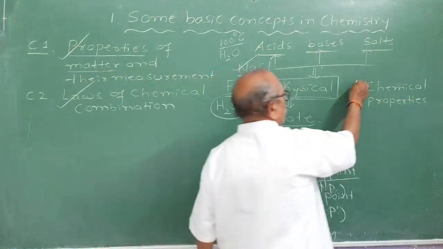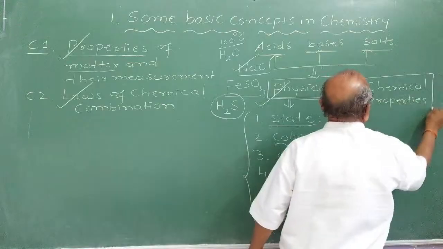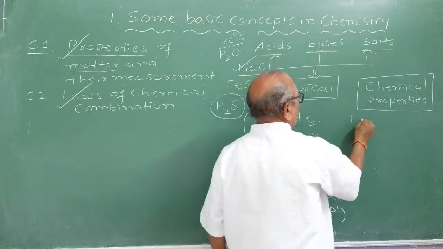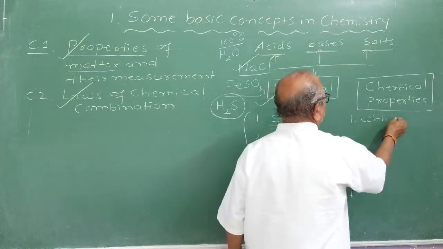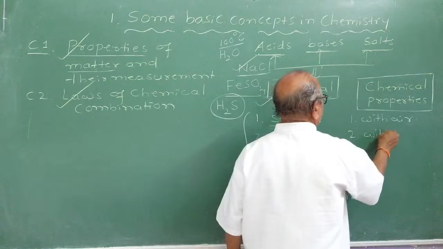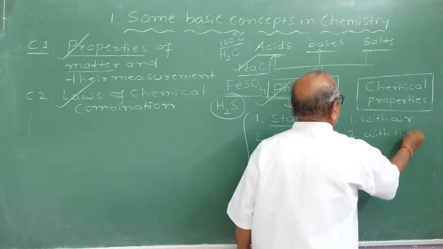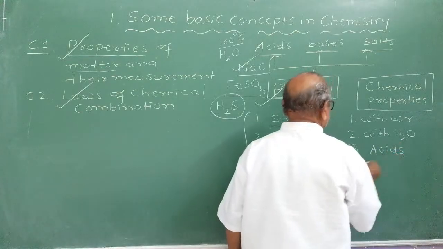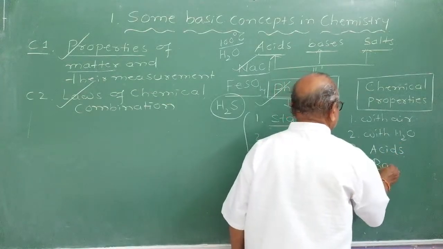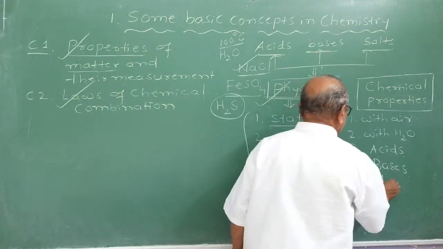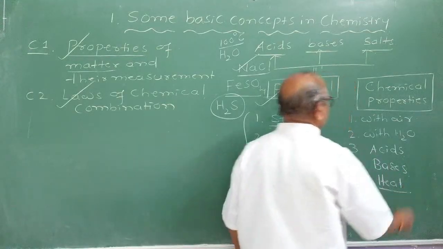Then comes the chemical properties. Generally, substances undergo chemical reaction, like with air, when it is burnt in air. What happens? Then with water, how it behaves. Their reaction with acids, how they react with the bases, and action of heat, decomposition reaction takes place.